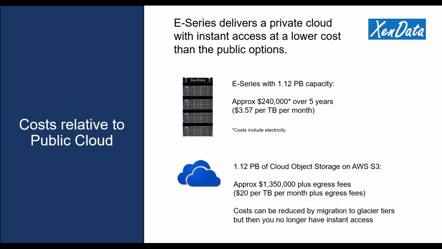I should be comparing with one of our LTO systems. But if we look at E-series and we look at the cost of S3 object storage, then what would cost $240,000 over 5 years with the E-series is going to be 1.35 million. And that is without egress costs.